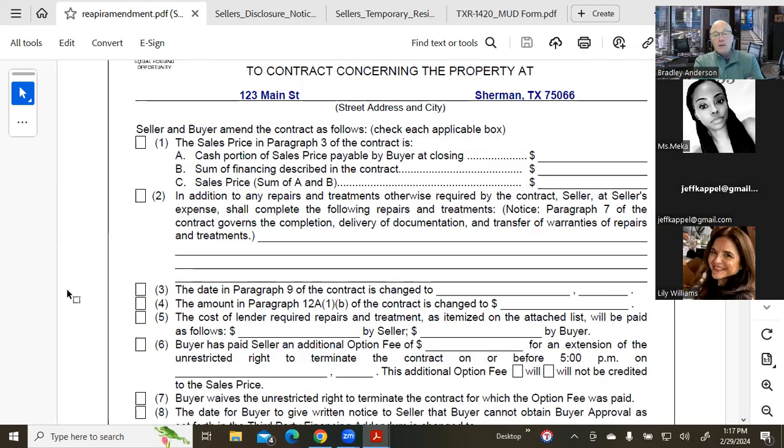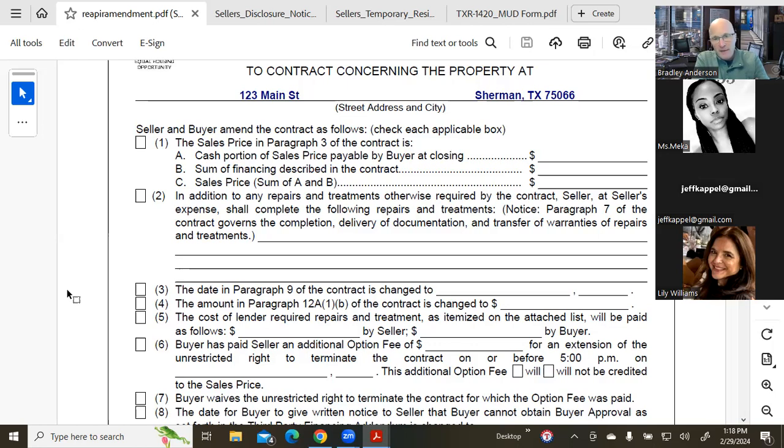So what does that mean? Well, if you look at paragraph 7, it's very explicit as to who can do the repairs and how the seller is going to prove that they were done. And in a nutshell, it says that the owner really can't do any of the repairs. They've got to hire a company that is in business to do those repairs or licensed to do those repairs.